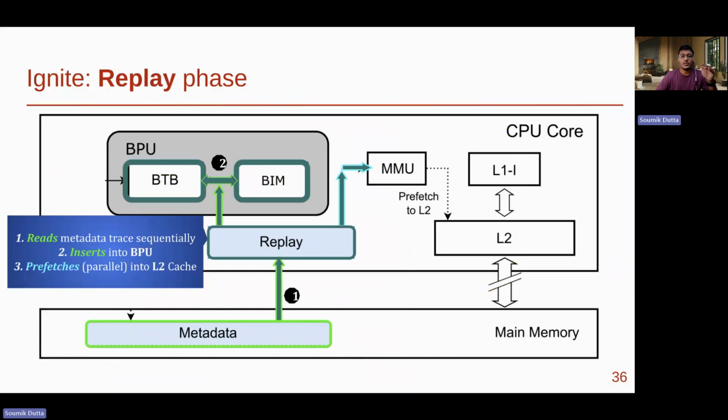So it inserts it into the branch predictor unit, the branch target buffer and the bimodal branch predictor, and it also prefetches from main memory to the L2 cache. So whenever the function gets reinvoked, it gets a hit in the L2 cache. Also, the branch predictor unit is pre-trained.